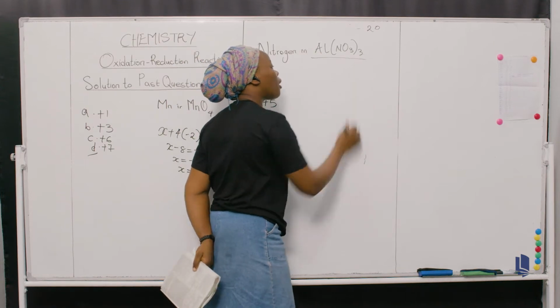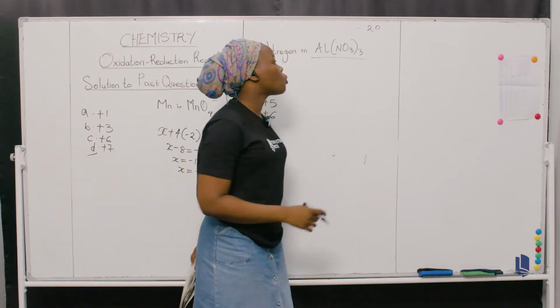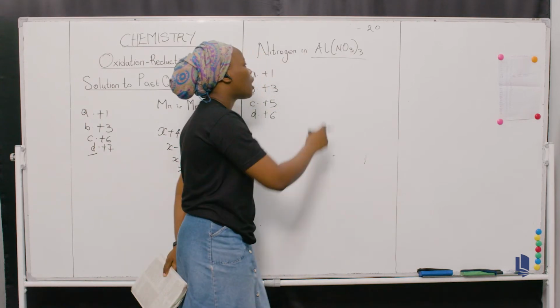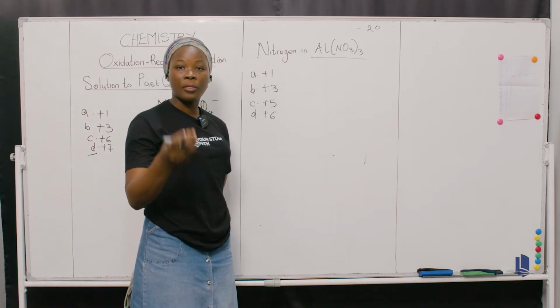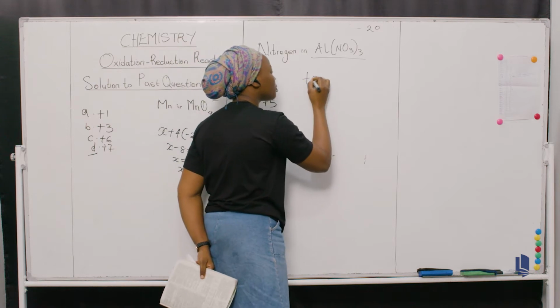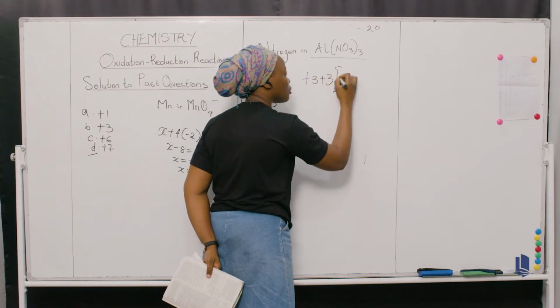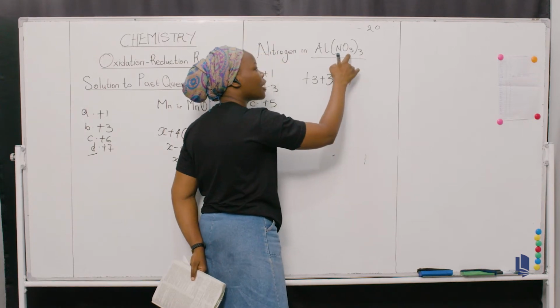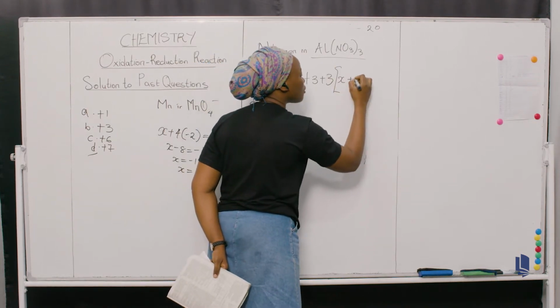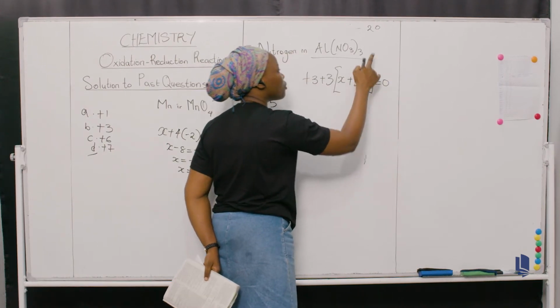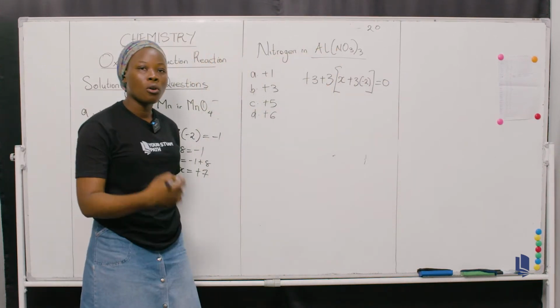We know this compound is a neutral compound, so the net oxidation number for this compound is 0. Aluminium being in group 13 will be +3. We don't know nitrogen, X, plus we have 3 atoms of oxygen, 3 into bracket minus 2, equals 0 since it is a neutral compound.